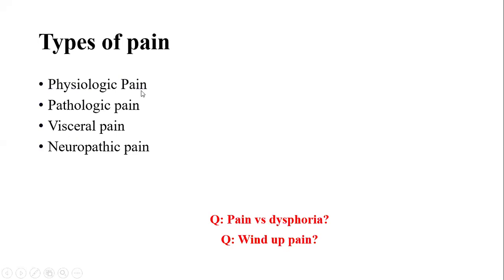Physiological pain is basically a pain that protects the animal from potential damage. For example, if an animal touches a hot object, he will immediately take his hand or leg back. Why? Because there is pain, and because of that pain, he is taking his limb away from the hot object.